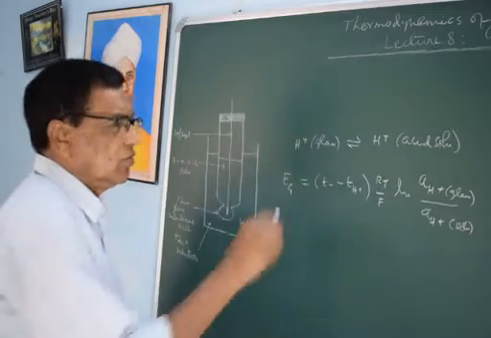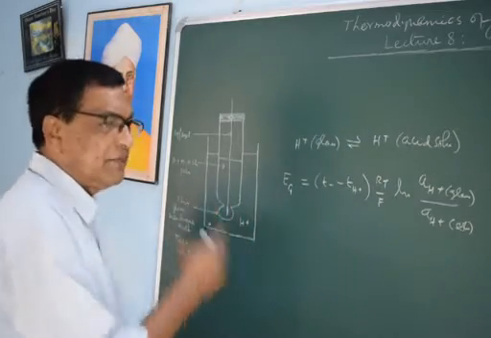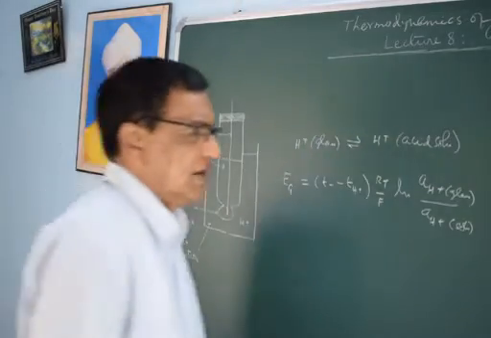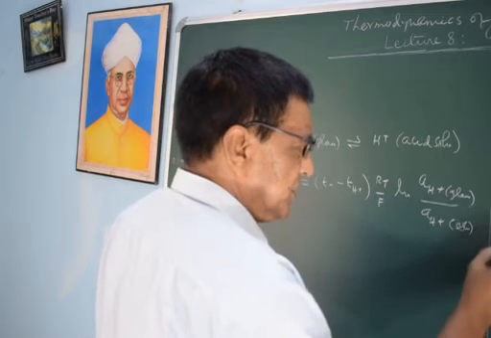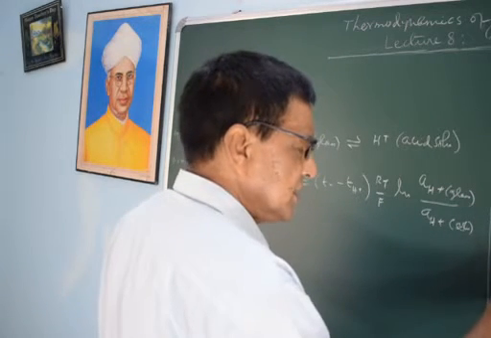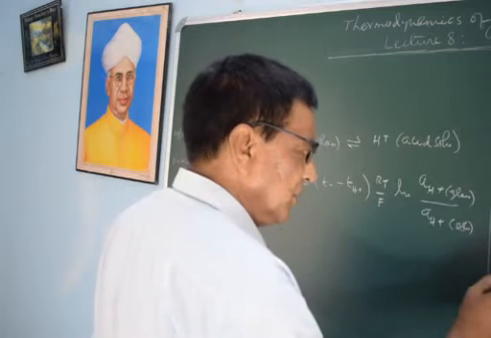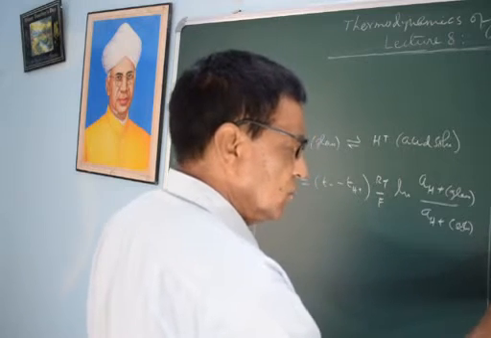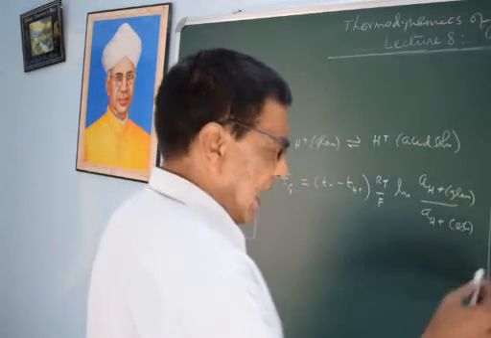But here only the hydrogen ions are permeable through this glass electrode, so t minus equals 0 and t plus equals t hydrogen ion equals 1.